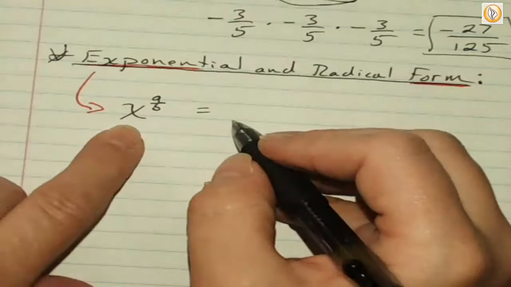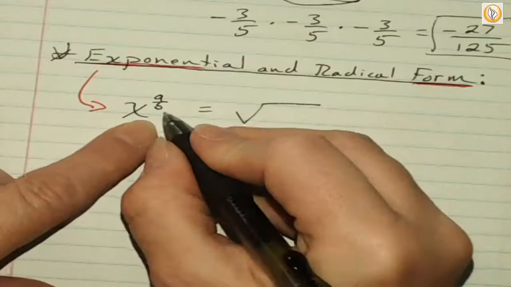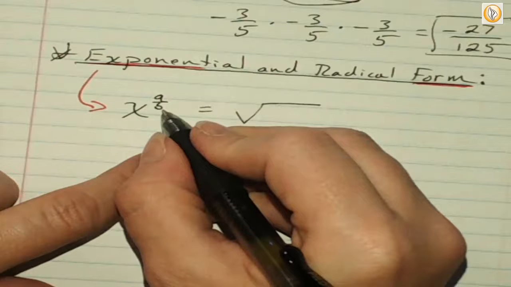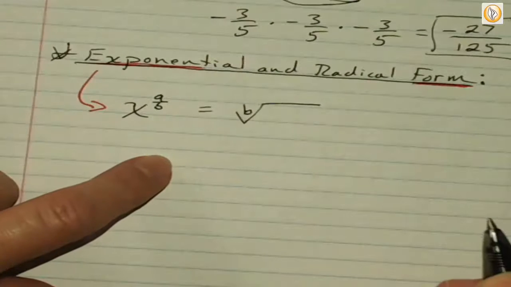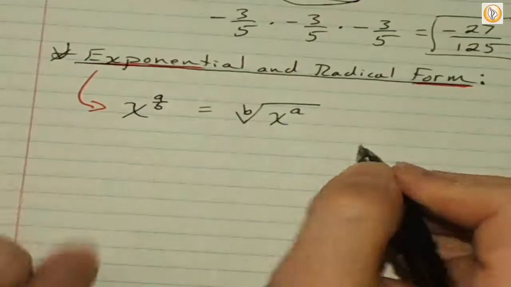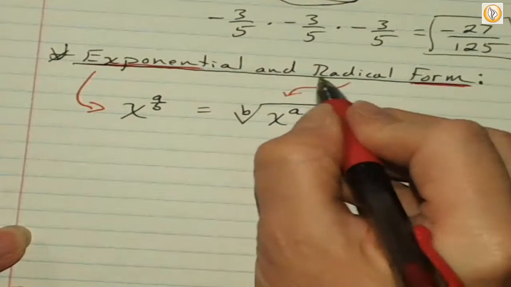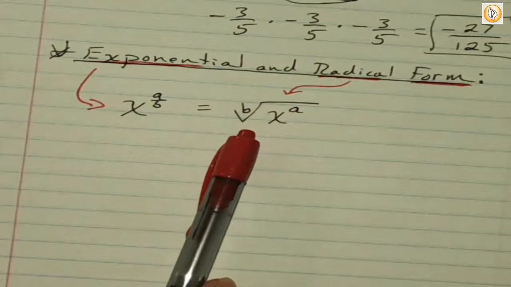Radical form will take this exact same stuff. See this denominator? I want everyone to look. See the denominator of that exponent? That's what goes in the checky thing. That's your radical form. Radical because it's under the radical sign.